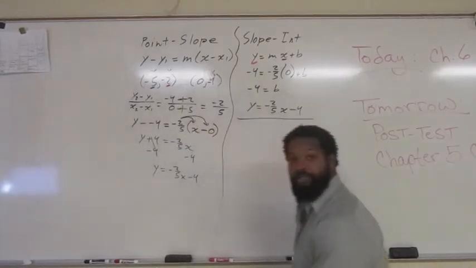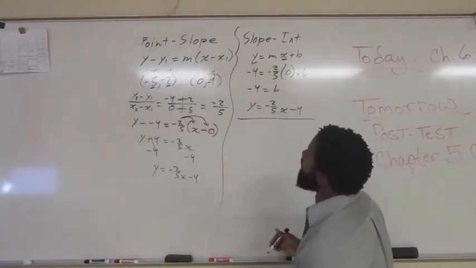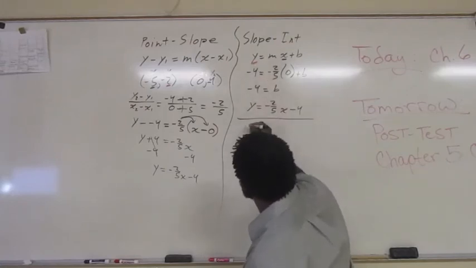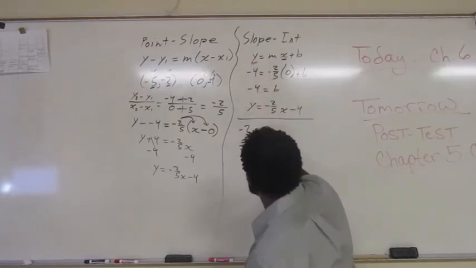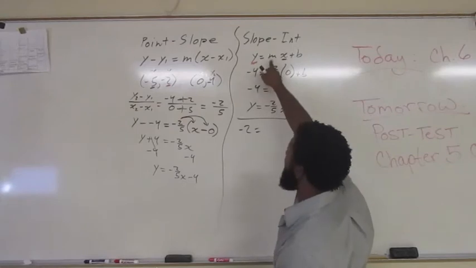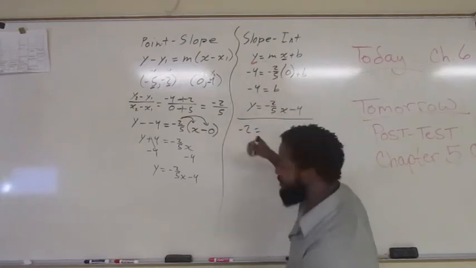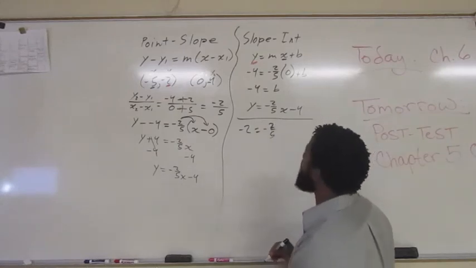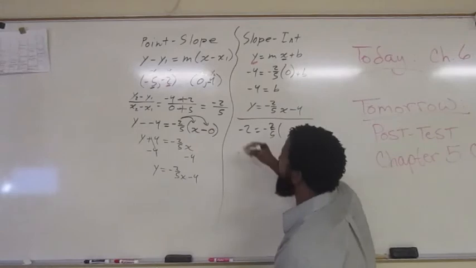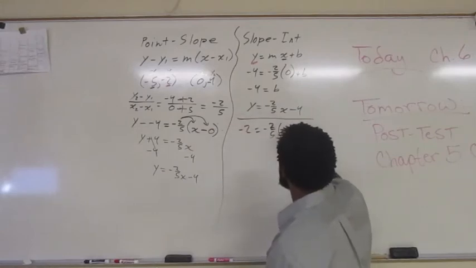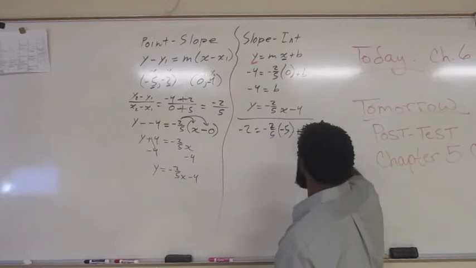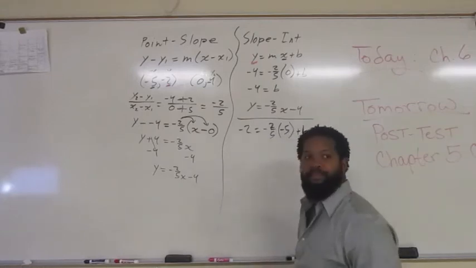So say your y, -2, is equal to your slope m, what you found, -2/5, times -5 plus b. What we're trying to find is our b right here.